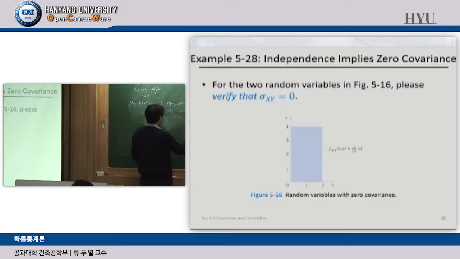And this is given by the following equation: 1 over 16 by y squared by 1 over 3 by x to the third power from 0 to 2. Okay? And that is equal to 1 over 16 by y squared by 8 over 3.